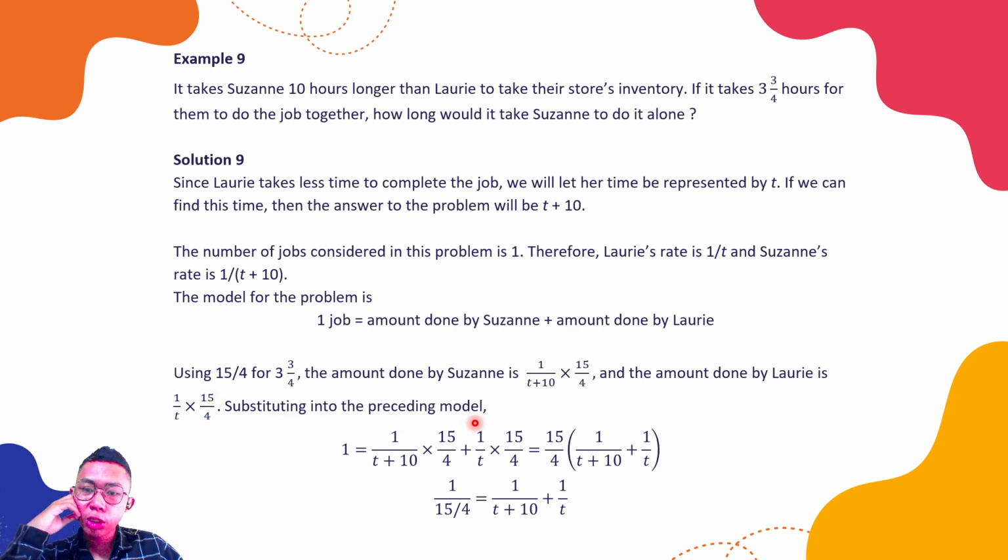Substitute into the preceding model, so we have 1 equals 1 over t plus 10 times 15 over 4, plus 1 over t times 15 over 4. So we have 1 is equal to 15 over 4 times the quantity 1 over t plus 10 plus 1 over t.